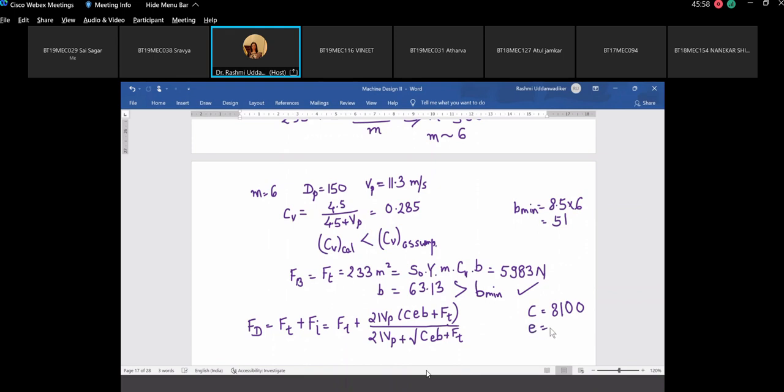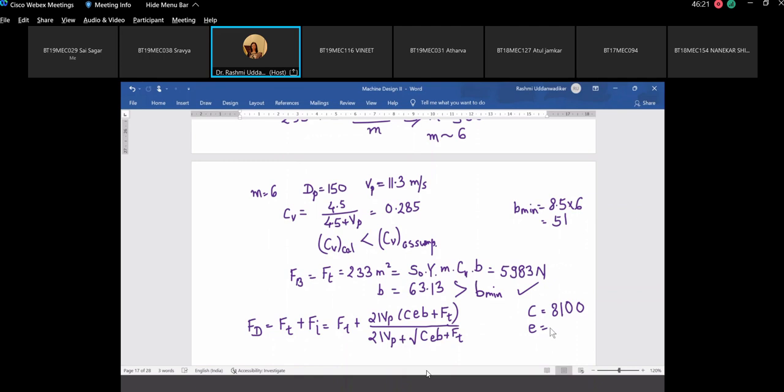Next is error. So as I said, if we know the class of gear and module, we can use the table for probable error. And we have to check that this probable error is less than the permissible error. So for carefully cut gear, refer to the graph figure 16.1, module 6.